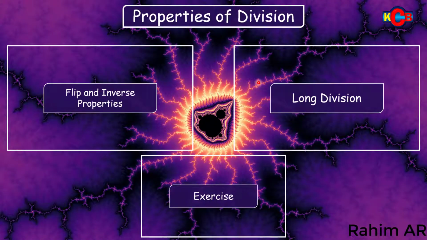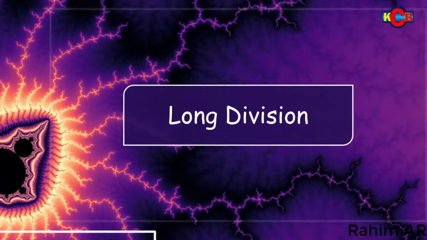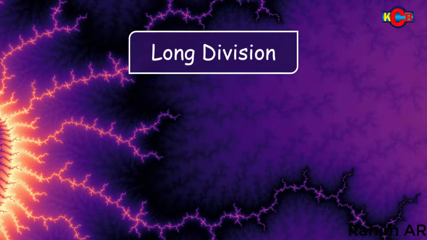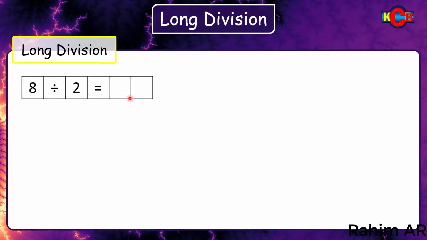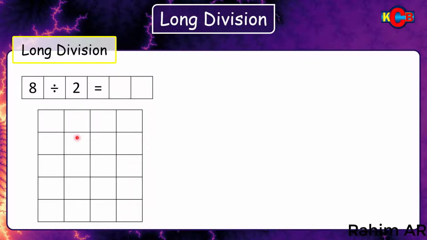Next, we are going to learn about the long division method. To answer any division questions, we will use this method. Here, we have 8 divided by 2. So, to use the long division method, you will have to write the numbers correctly. I will show you how. First, write down the dividend.